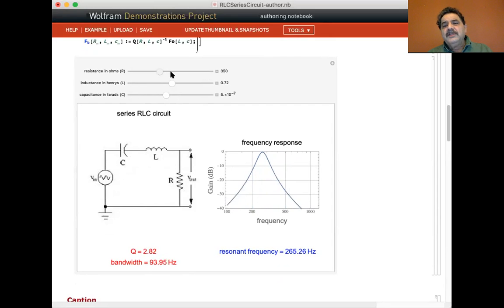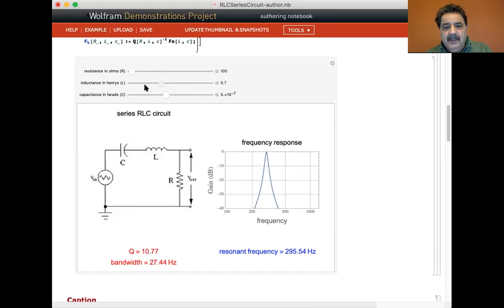And you can see that the resonant peak becomes very broad as I go to like 1,000 ohms. If I make the resistance small, down to 100 ohms, it becomes very narrow. And that's something that we call Q. Right now, this Q, if you look in the red, Q is equal to 12.